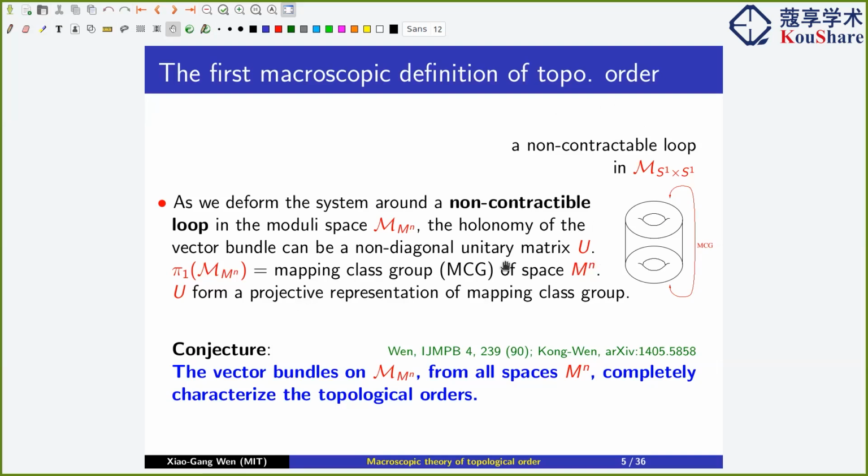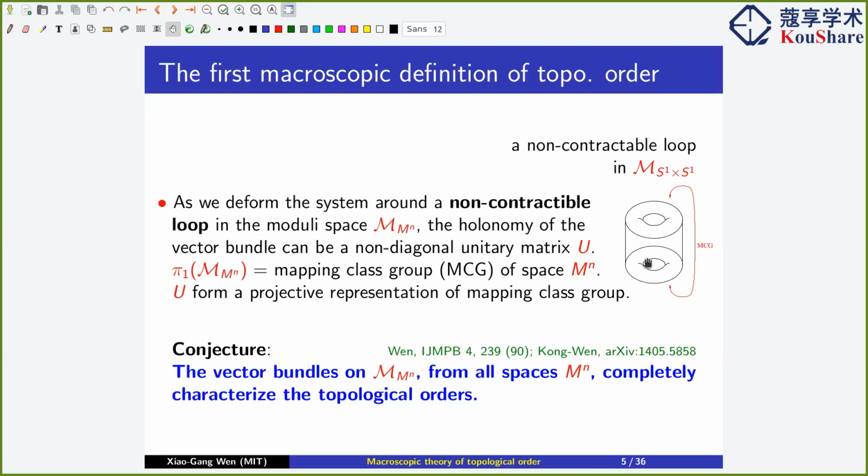So how to have a better understanding of this unitary matrix? Here, let's assume space is a torus, and I try to draw a non-contractible loop in the moduli space. How to imagine a non-contractible loop in the moduli space? Here a path is where I deform a torus from here to here.